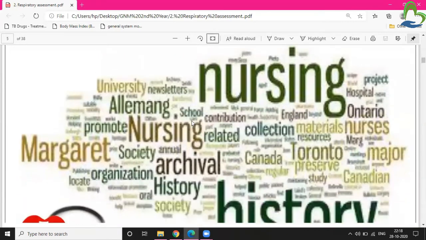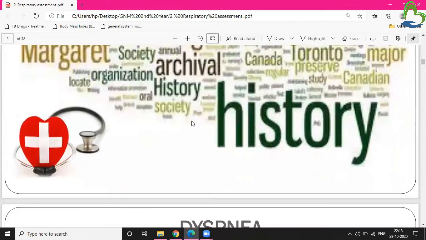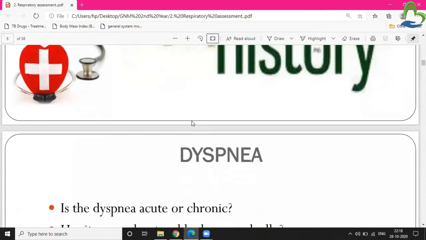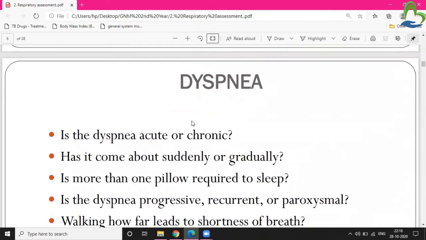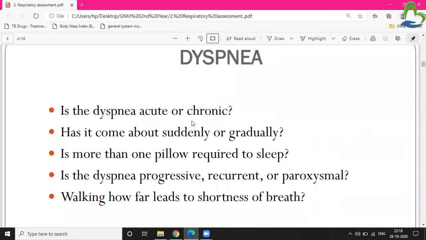If we see the history, we need to talk to the patient, and if the patient is not able to speak, we can take some information from their relative or his or her friend. So we need to collect the history.